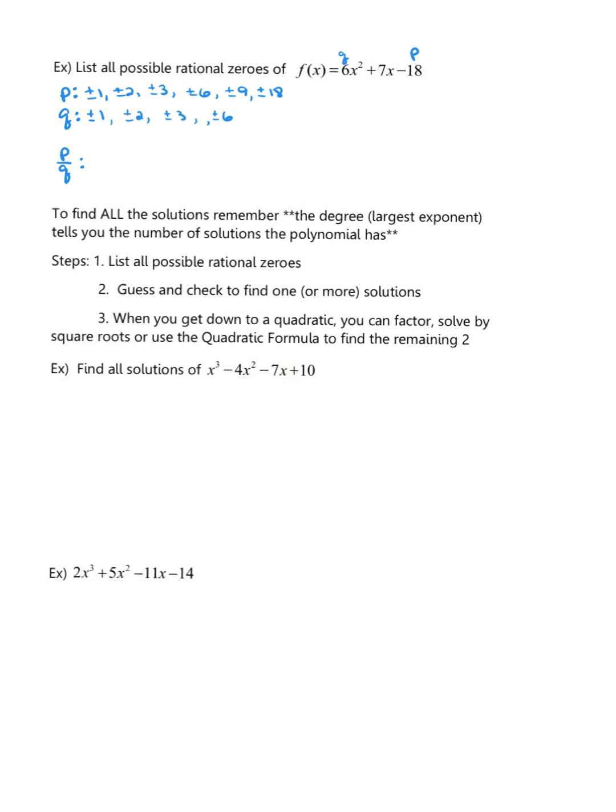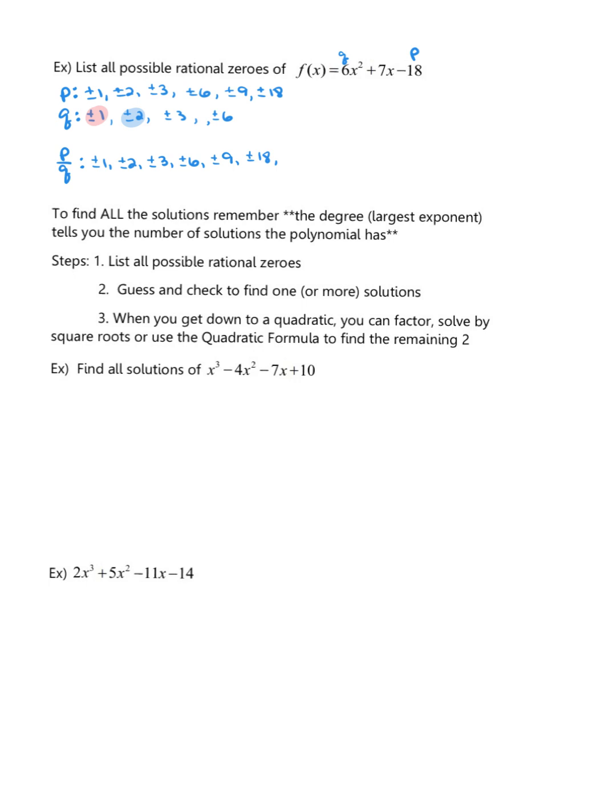So if I start with 1 for q, I'm going to do all my p's over 1. So 1 over 1, 2 over 1, 3 over 1, 6 over 1, 9 over 1, 18 over 1. Then we're going to move to all my p's over 2.